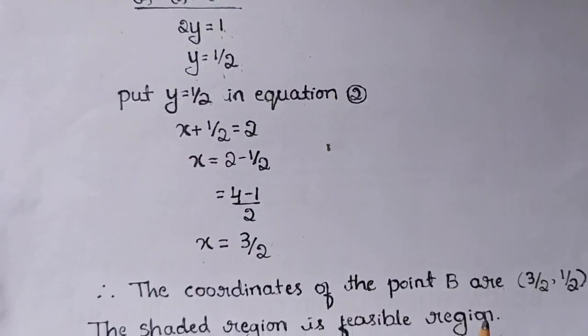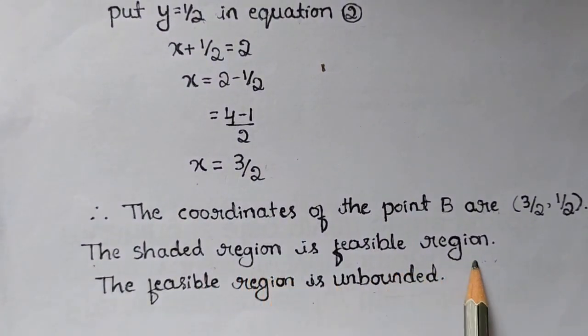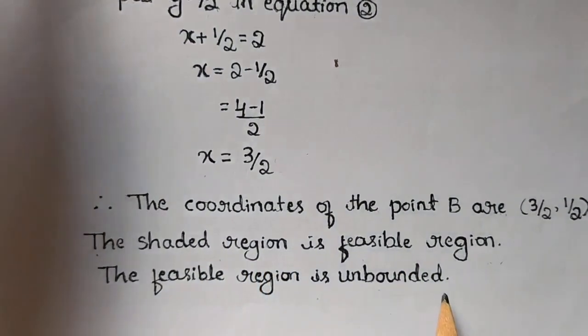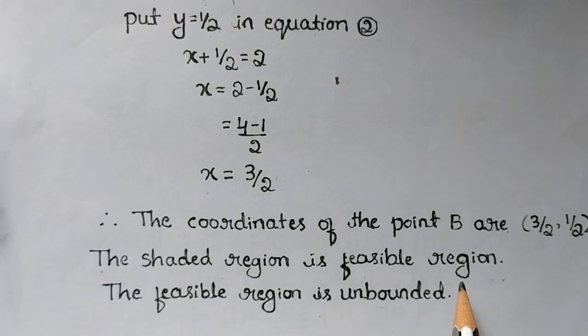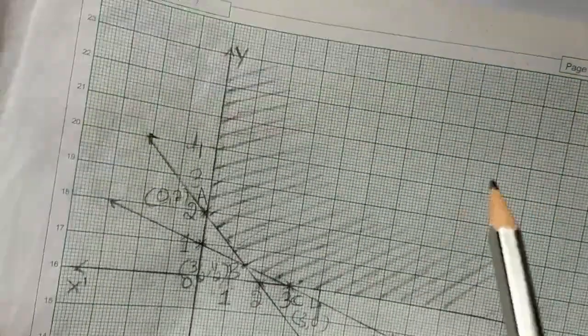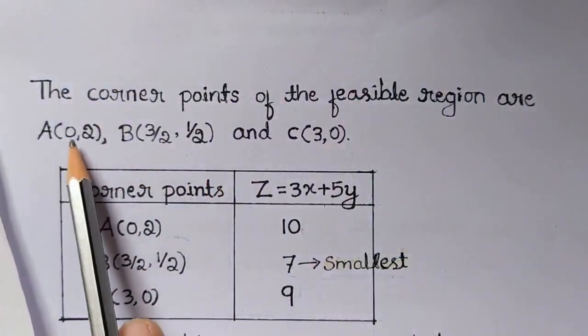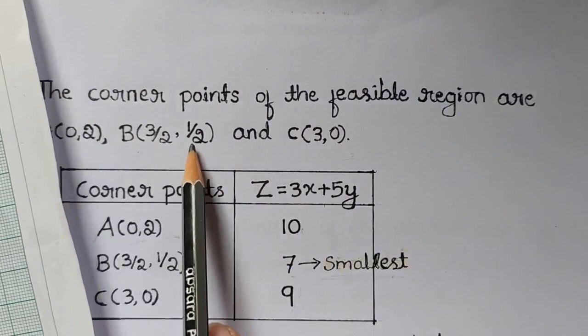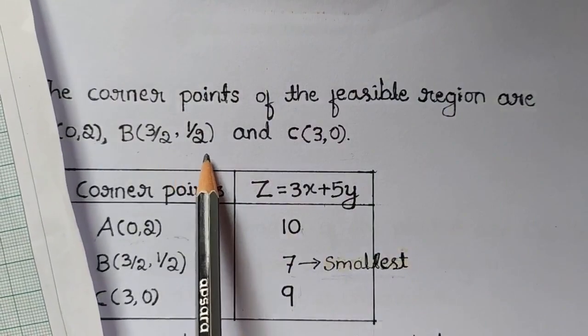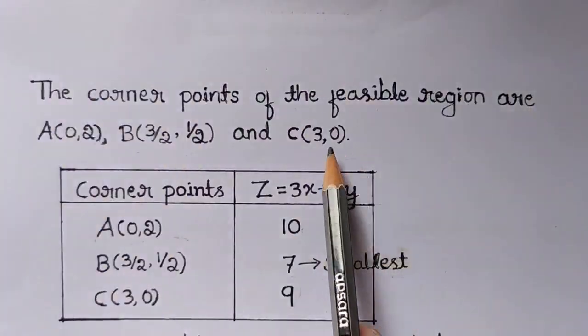And also we write that the shaded region in the graph is the feasible region. The feasible region is unbounded. And the corner points of the feasible region are: first, A (0, 2); second, B (3/2, 1/2); and third, C (3, 0).